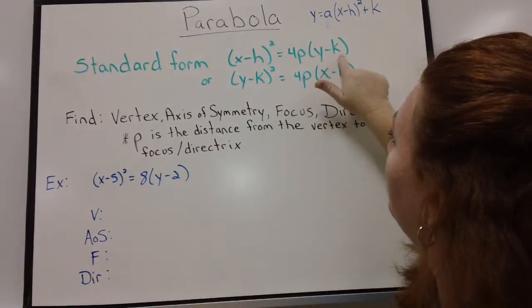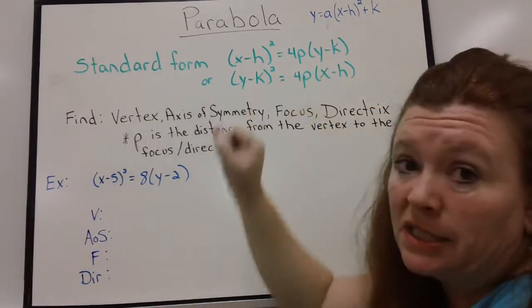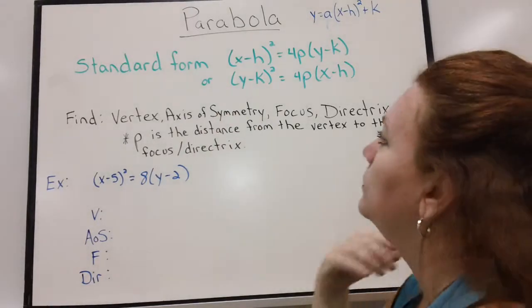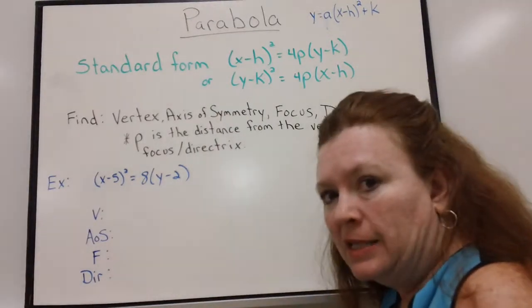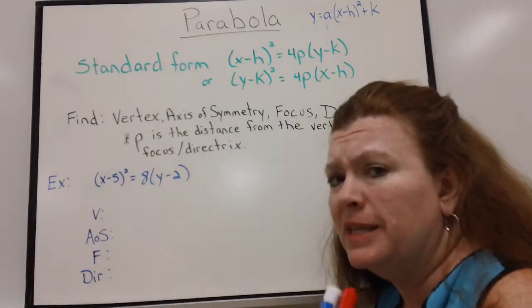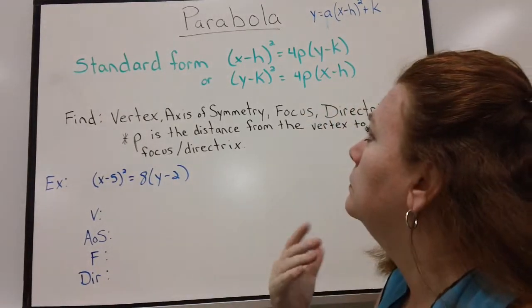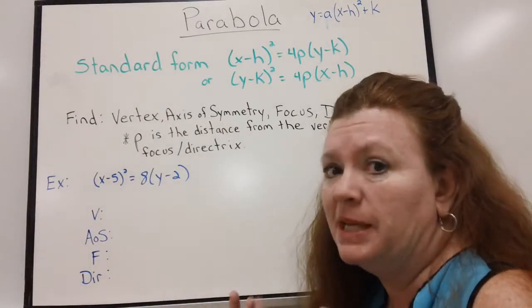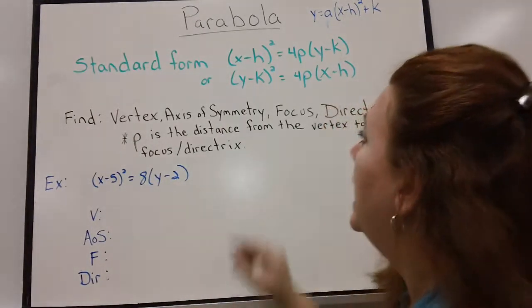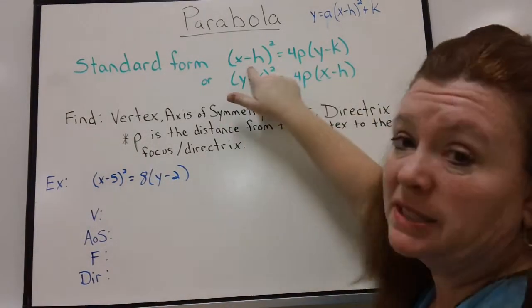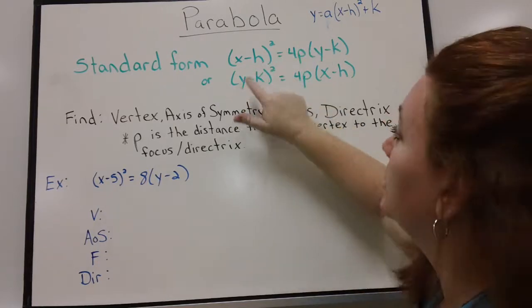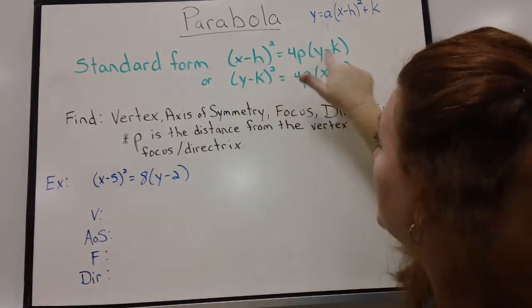So we have k with the y and h with the x. When we do that, we're not going to use the bad teenager analogy. We're just going to keep in mind that both of them are going to be considered in a house, and so we're always going to take the opposite. The vertex of this parabola would be positive h and positive k.